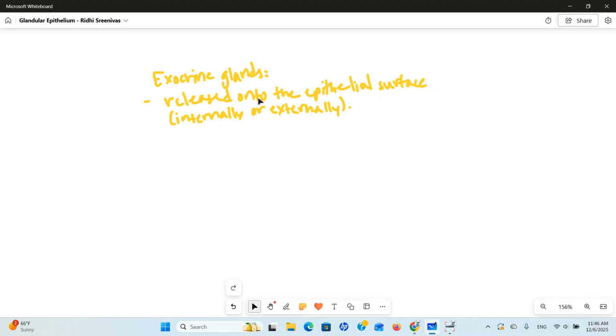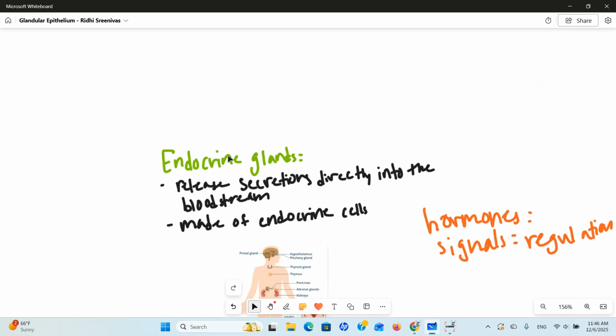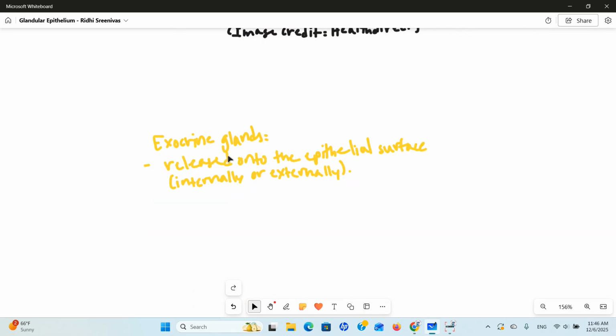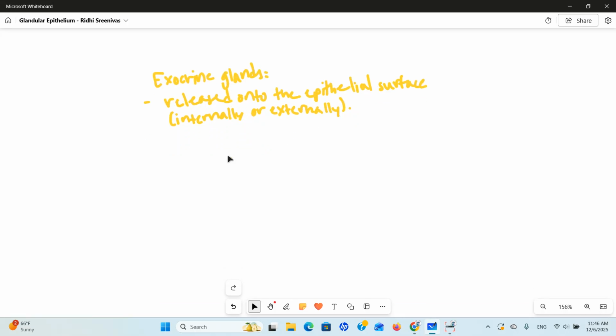This is another way that you can differentiate between exocrine and endocrine glands: exocrine glands' fluids can be released onto an internal or an external surface. For endocrine glands, it's only into the bloodstream, which is an internal area. So important to note that.